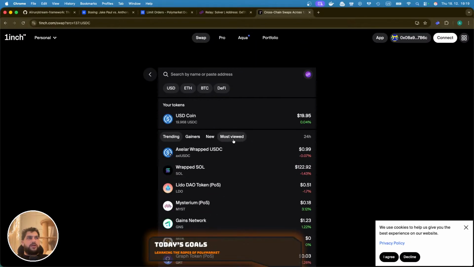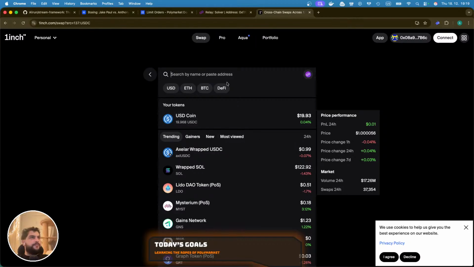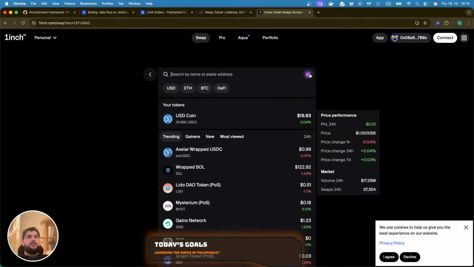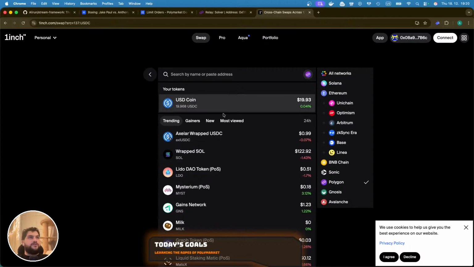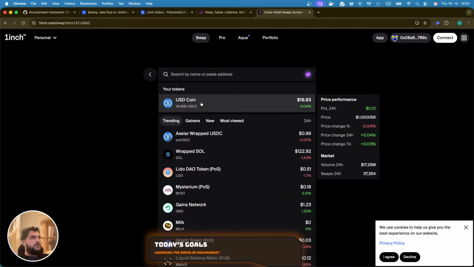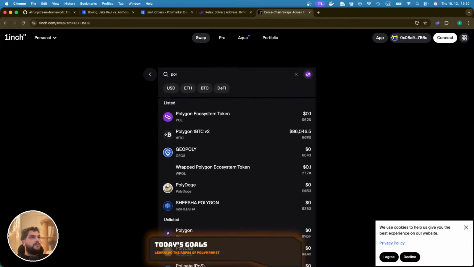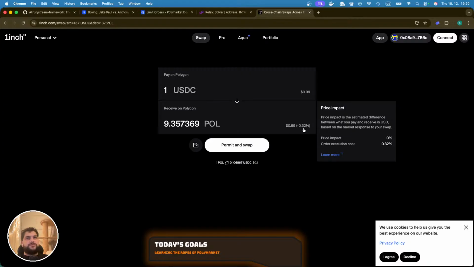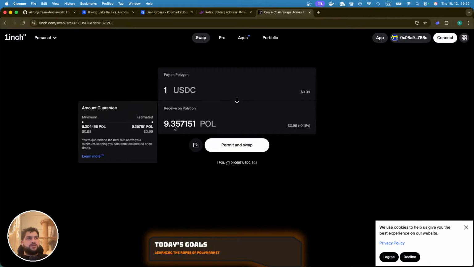I really don't like their selector of tokens. Where is the Polygon token? Why is it not there? After the multi-chain, it just became a disaster. So this one allows us to do that. We will lose like 0.32%, which is okay, I think.